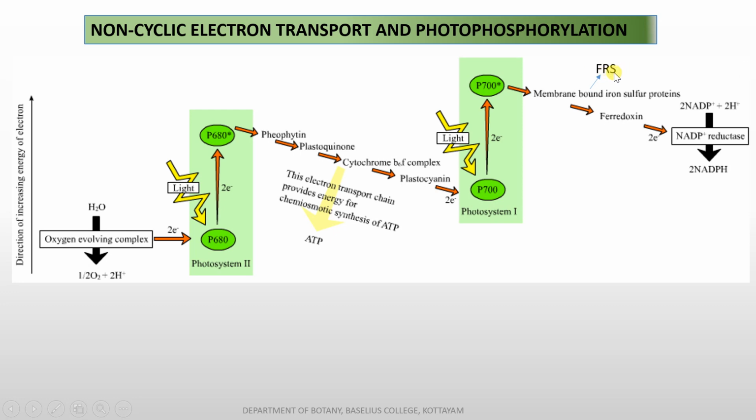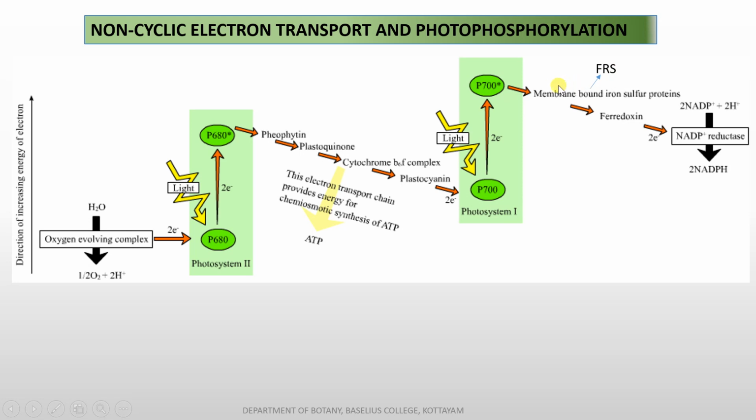This part accepts electrons from P700 and donates these electrons to the nearby lying ferredoxin. That is why the name ferredoxin reducing substance: this compound reduces ferredoxin. So we are representing the electron carriers, whatever they are, by that simple term ferredoxin reducing substance.